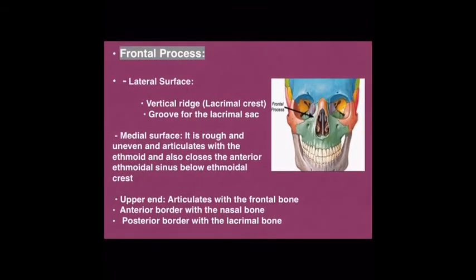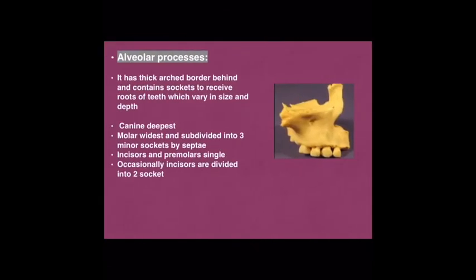Medial surface it is raw and uneven and articulated with the ethmoid and also closes the anterior ethmoidal sinuses below ethmoidal crest. من ناحية upper end النهاية العلوية articulated with the frontal bone. أما anterior border يكون with the nasal bone، posterior border يكون with the lacrimal bone. هاي بالنسبة للfrontal process.